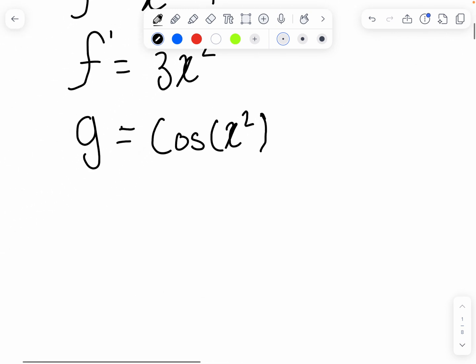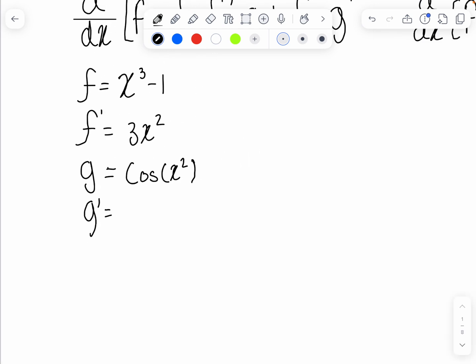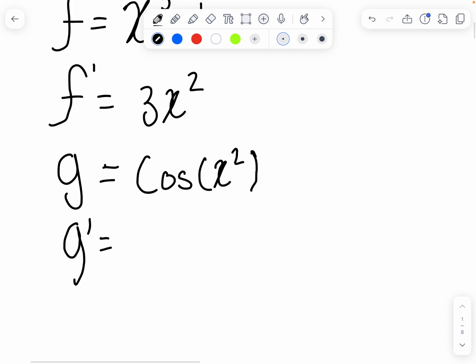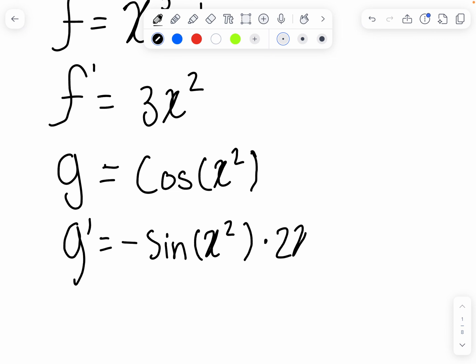So if we apply that, we have to first find the derivative of cos. The derivative of cos is negative sine. So it's negative sine times x squared, and then the derivative of x squared is 2x.